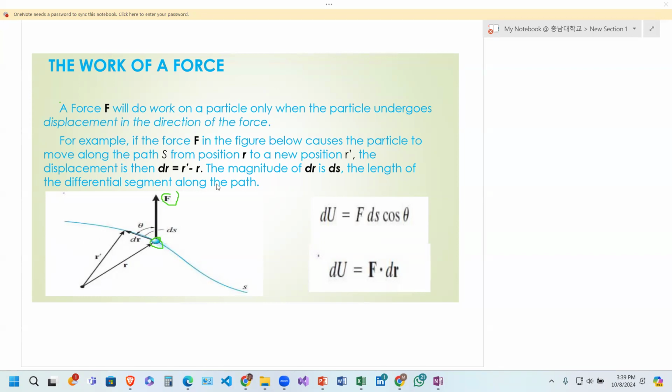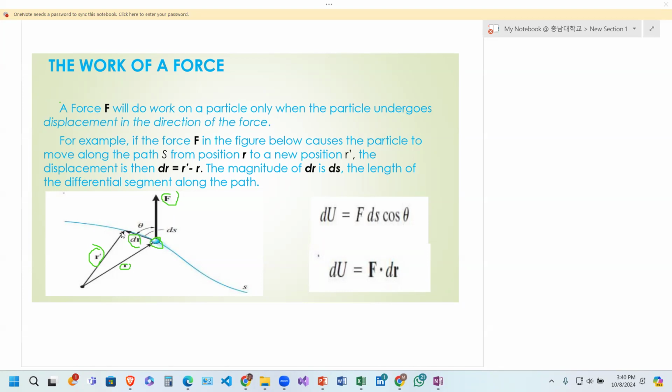For example, if the force F in this figure causes the particle to move along this path, which is S, moving from position r to position r prime, then the change, the displacement, which is r prime minus r, is what we have as our dr.